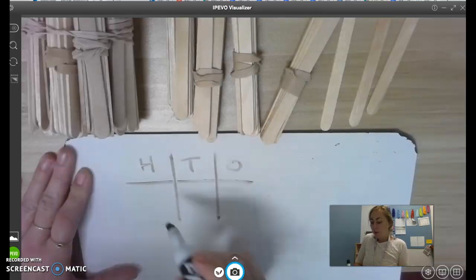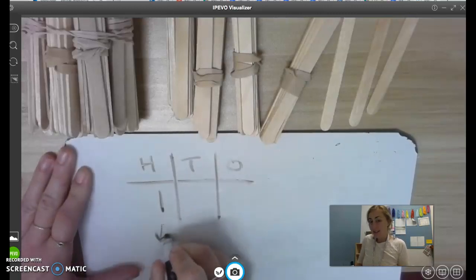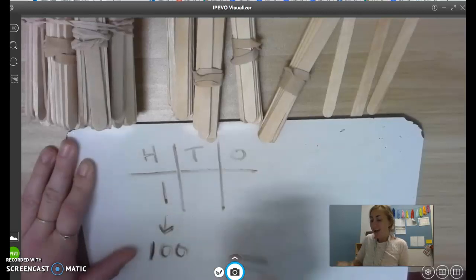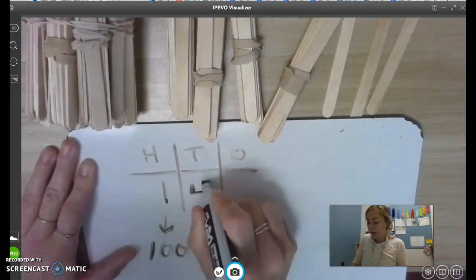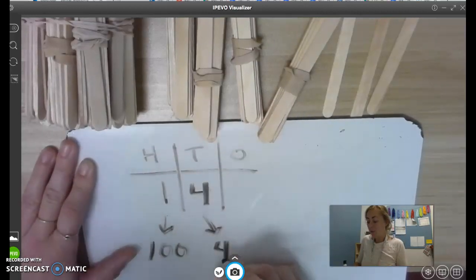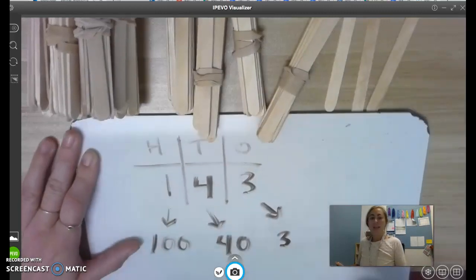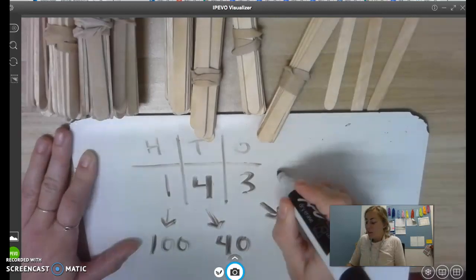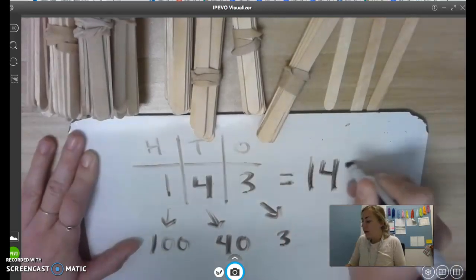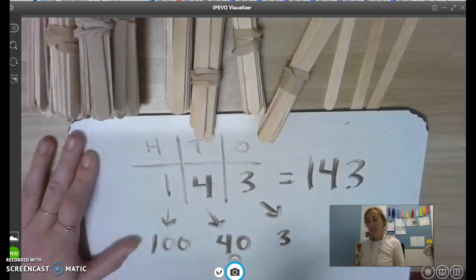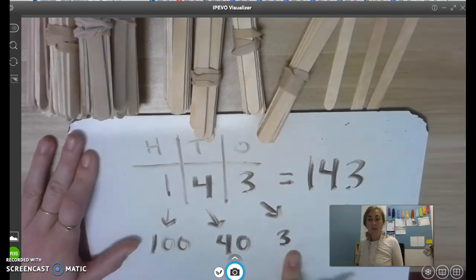I have 100, which is the same as 100. I have 4 groups of 10, which is the same as 40. And I have 3 ones, which is the same as 3. So my number is 143, which is the same as 100 plus 40 plus 3.